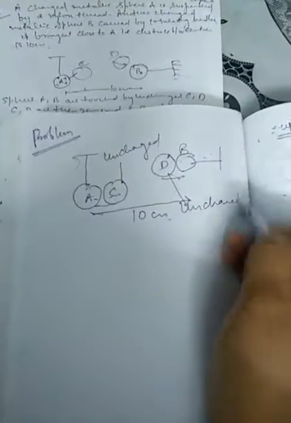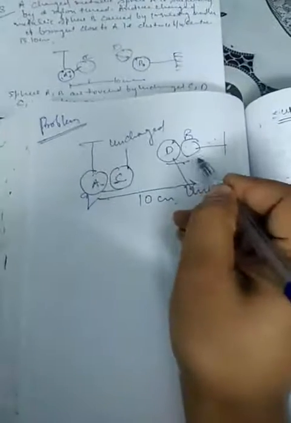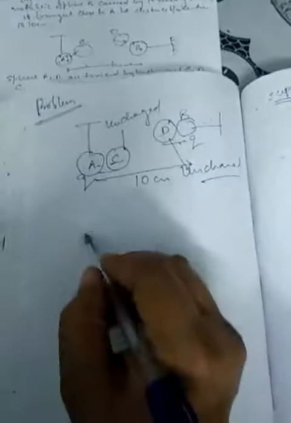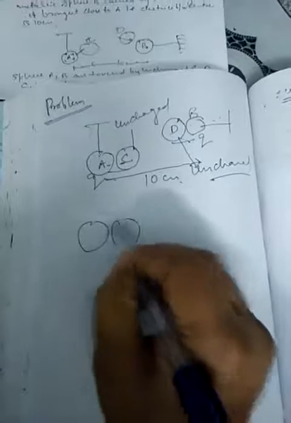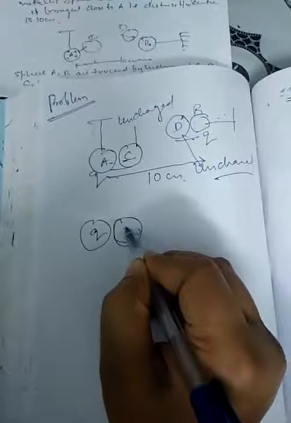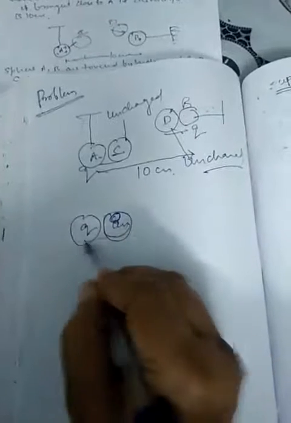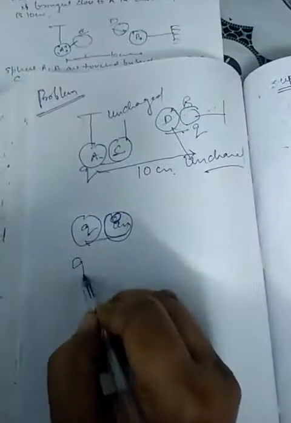Since both conductors are uncharged, when they are brought in contact with the charged conductors, let us say Q is the charge here and Q is the charge here. According to this theory, when an uncharged conductor is touched to a charged conductor, uncharged meaning 0, the charge between them is shared by the principle of conduction.